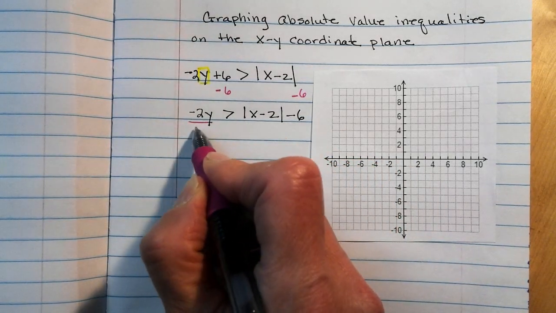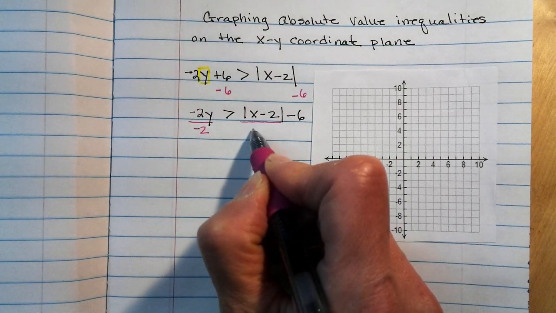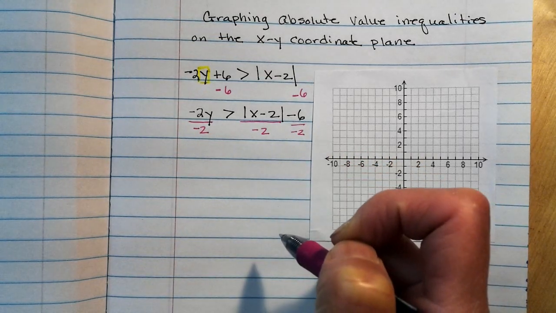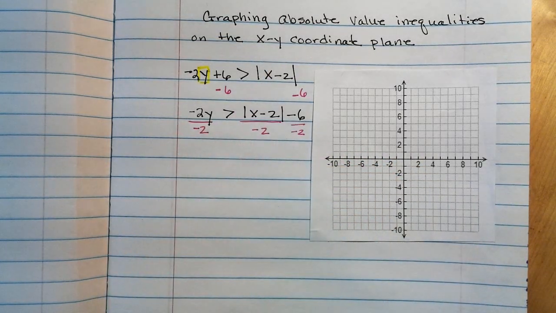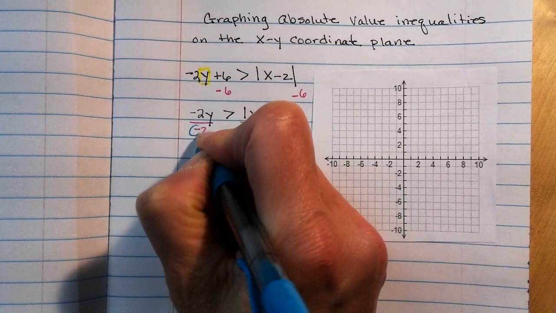I have to divide everything by -2, all terms. So I have to be very careful when I'm dividing by a negative or multiplying by a negative.